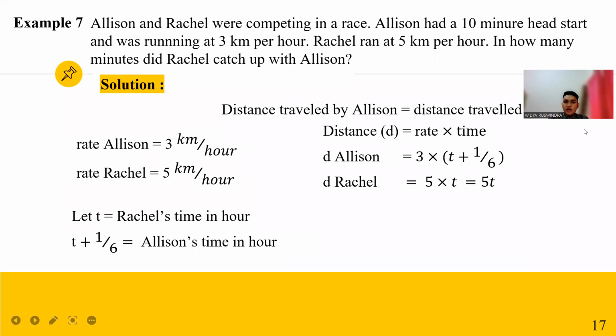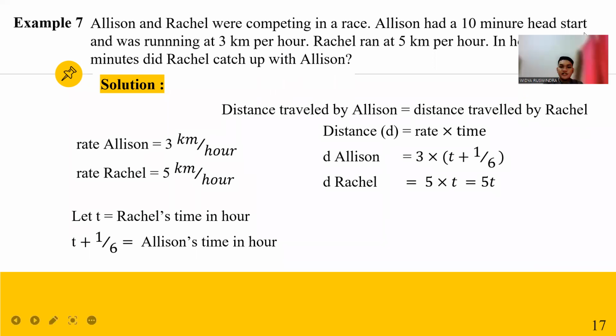So Rahel catches up with Alison. I mean, the distance traveled by Alison equals the distance traveled by Rahel. And the formula of distance equals rate times time.